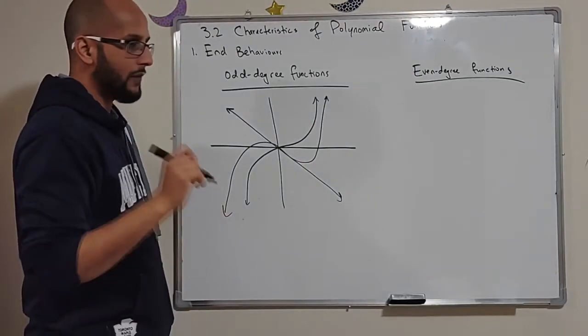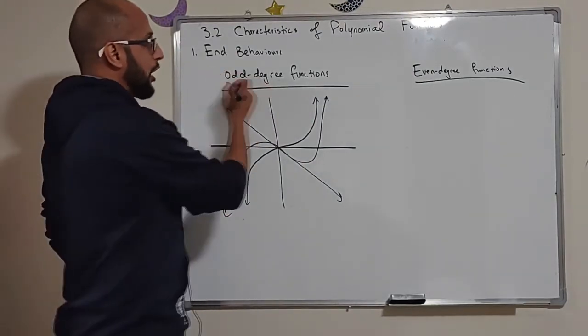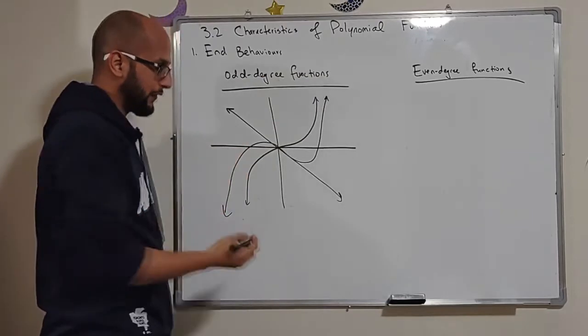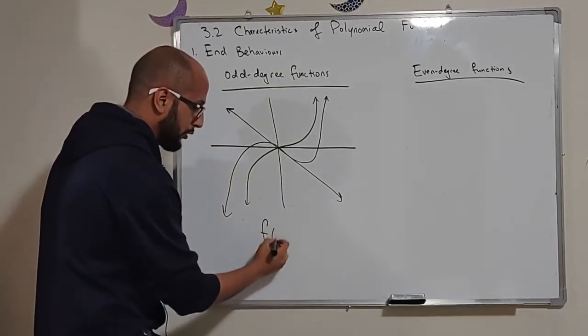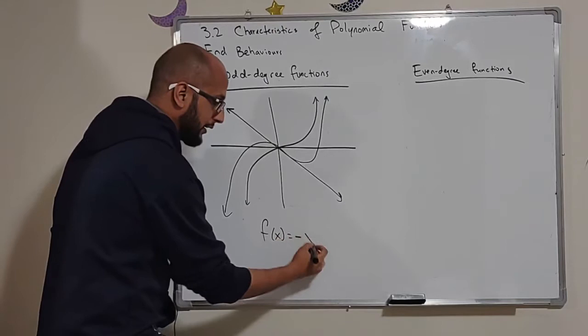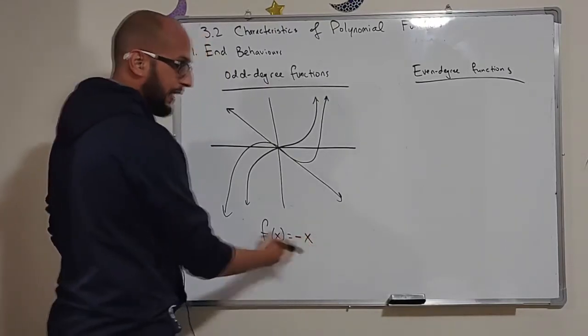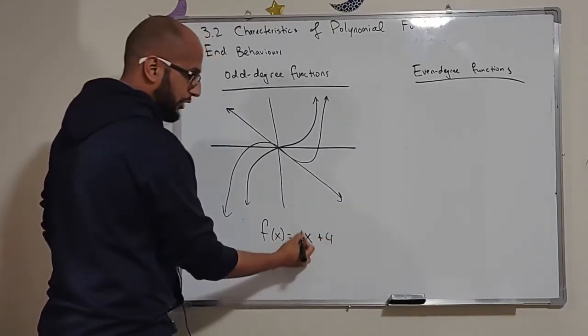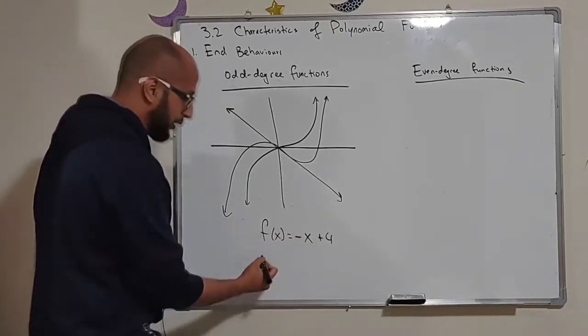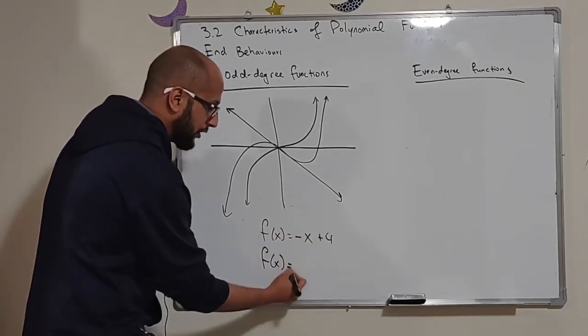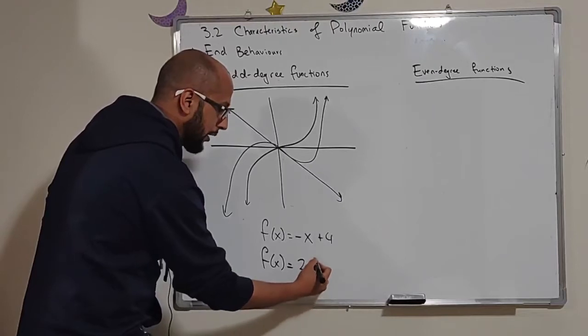Now, in odd degree functions, you can have two different types. You can have a leading coefficient which is negative, right? You can have the number in front of x be a negative number. You can have the number in front of x be a positive number.